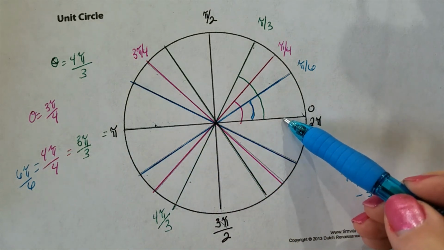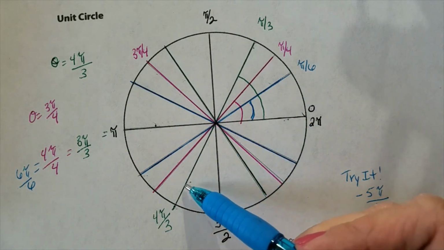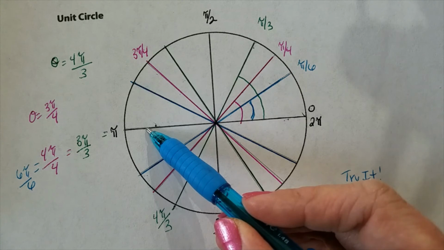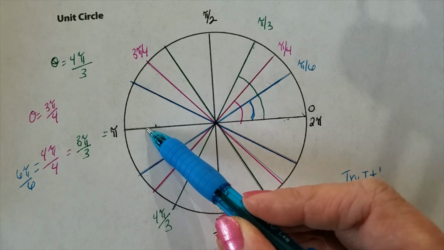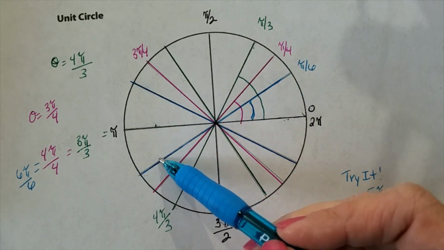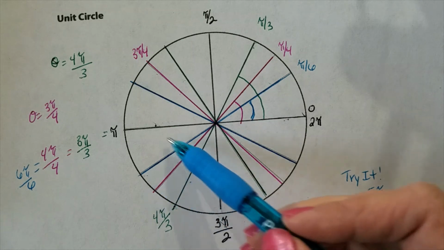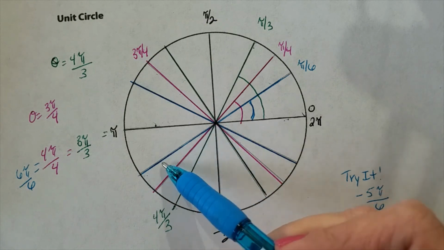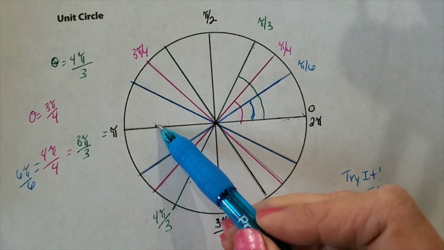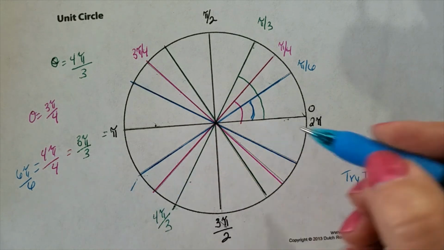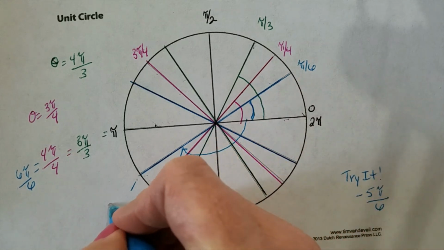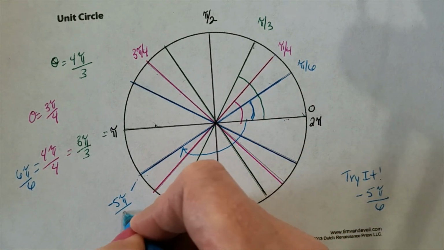So if I'm going this way, and I'm looking for -5 pi over 6, I come up here, I'm at 6 pi over 6, I've gone too far. I need to kick it backwards pi over 6, which, check it out, right there. And I did everything in color too, and once you start doing these, you're going to start recognizing it. So my reference angle here is going to be pi over 6, which means that this measure here, going this way, is -5 pi over 6.